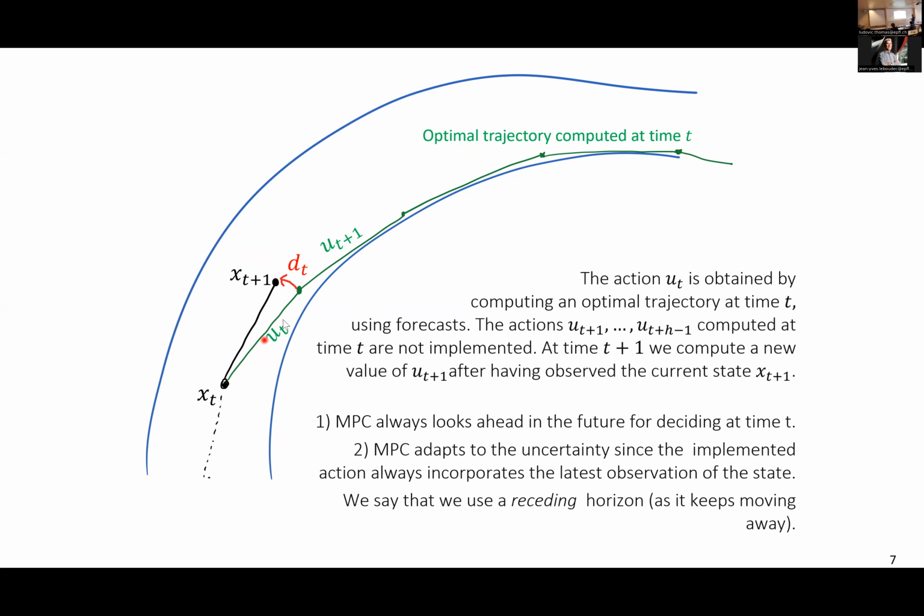So we compute a set of set points we will need to take that will lead to this trajectory, the green one. That's the one that's computed at time t. Then we implement the actions that lead to that, and then we are at time t+1. We're not exactly where we had forecasted because the disturbance always plays a role. In our example, the disturbance is just the outside temperature, and the model is fairly accurate.